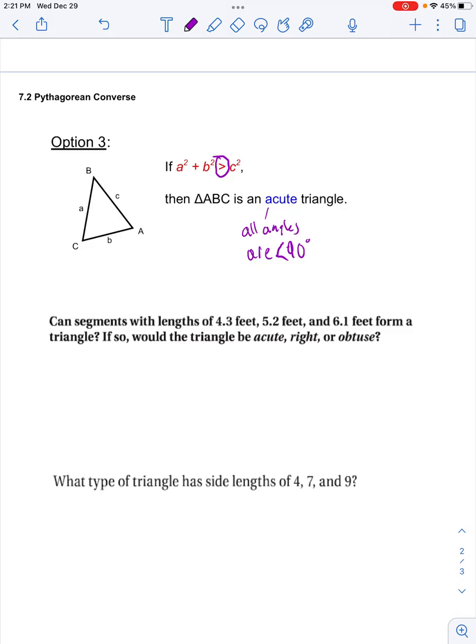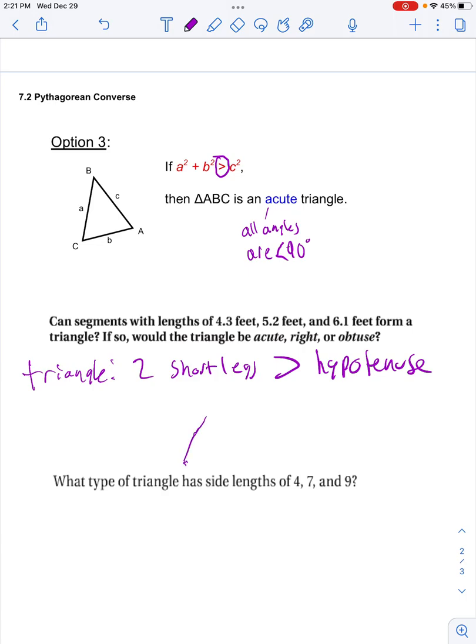Now, in order for a triangle to be possible, I have to take my two short legs and they have to be greater than my hypotenuse. You can think about it like, if I go X amount of distance this way and I go X amount of distance this way, I need to be able to reach this point.